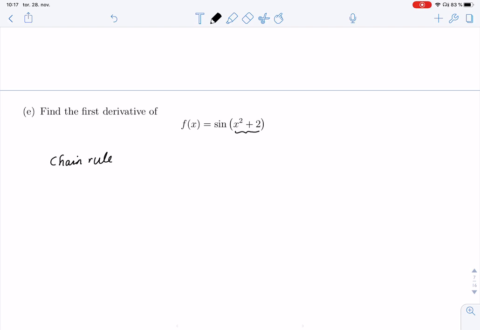So let's put that into a u. And the derivative of u would then become 2x here plus 0. And if we have f of u, that would be sine u. So the derivative of that would become cosine.